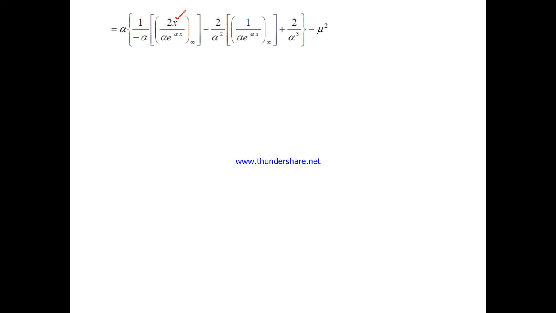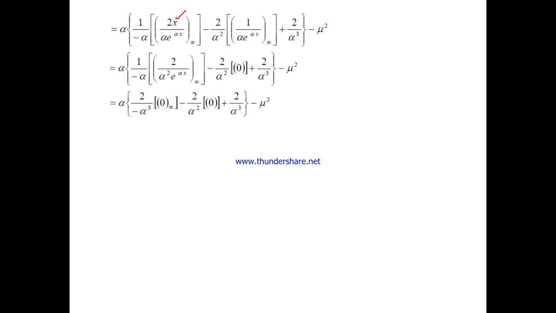So continue with L'Hospital's rule once again. Differentiate the numerator and the denominator separately. Clear? Now apply the limit to the first term. When that is done, we end up with this expression. First term is 0, second term is 0. We only have the third term, 2 by alpha cube.